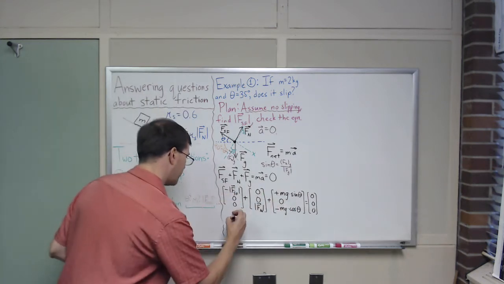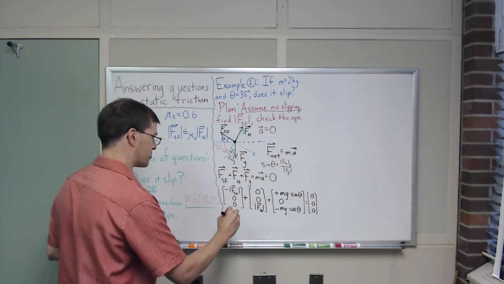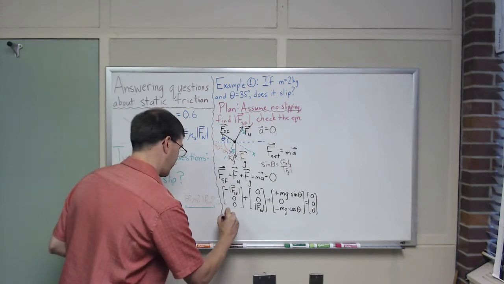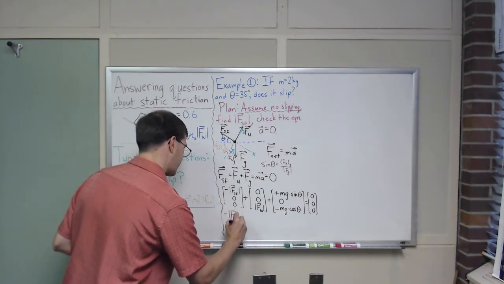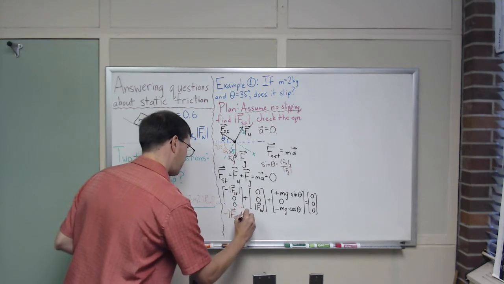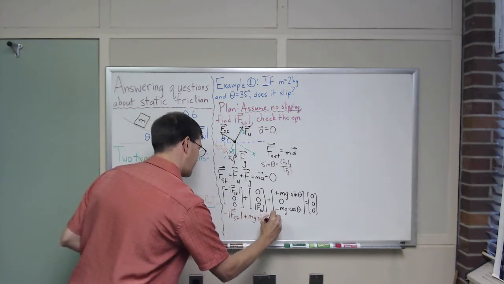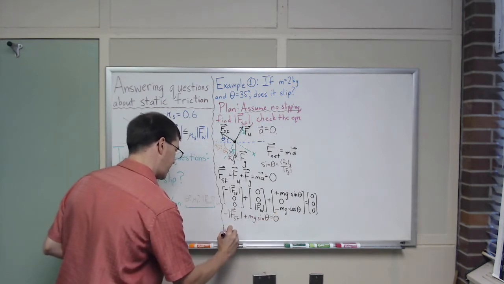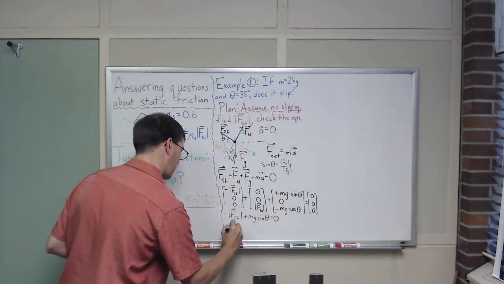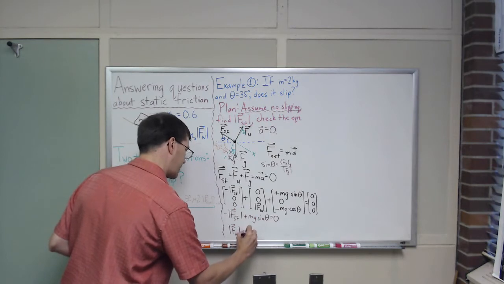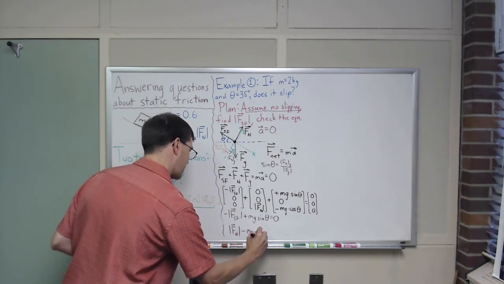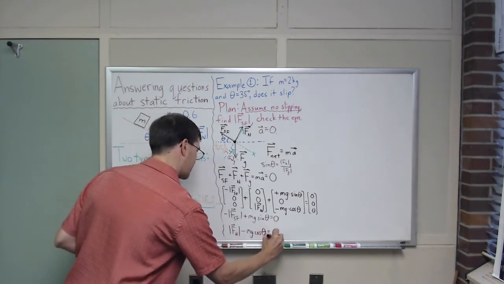I almost want to just solve it, but I'll write it down. Minus force of static friction plus mg sine theta equals 0. And then down here I have normal force magnitude minus mg cosine theta equals 0.